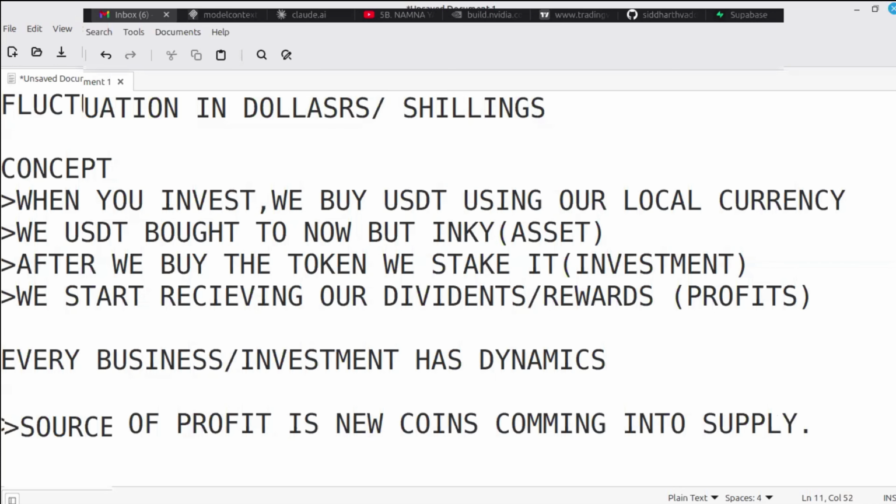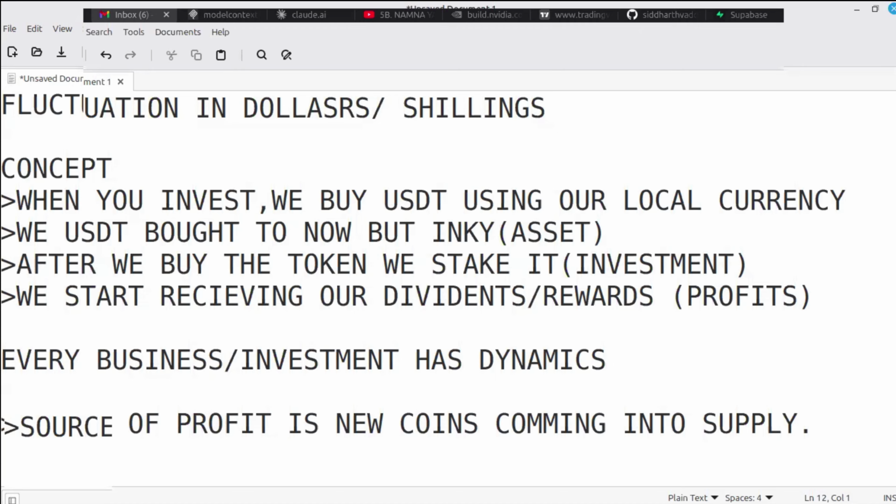Meaning that when you buy your INK asset, when you lock your INK asset, the profit that you get does not come from anywhere else except from the new coins that are coming into supply.